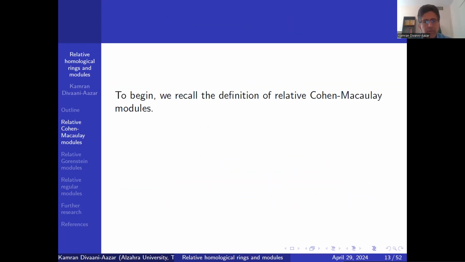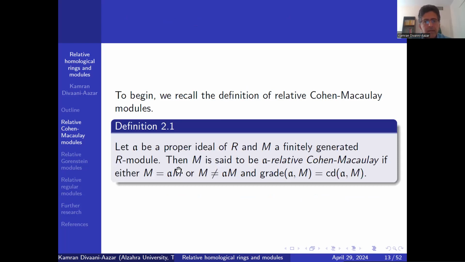Now we are in a position to define relative Cohen-Macaulayness. Let A be a proper ideal of R and M a finitely generated R-module.